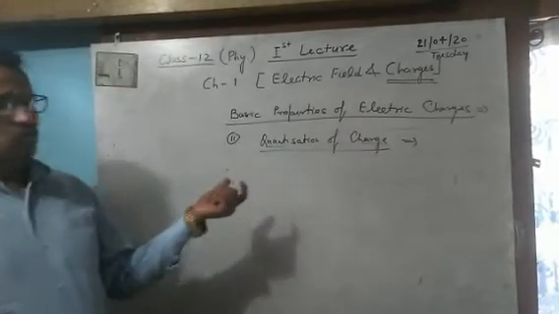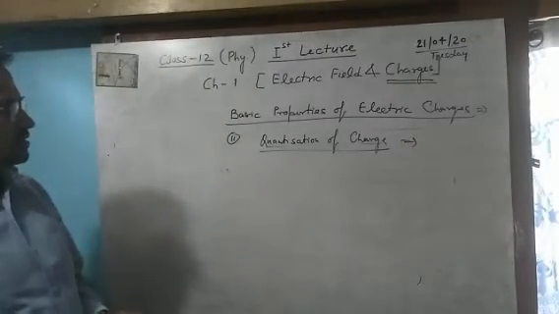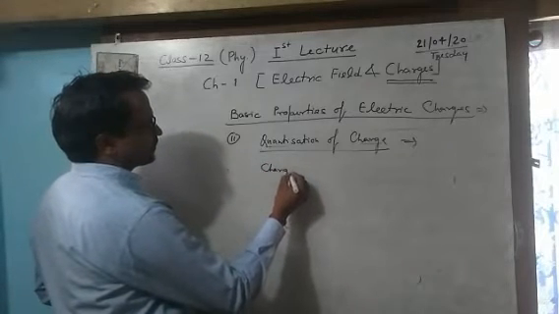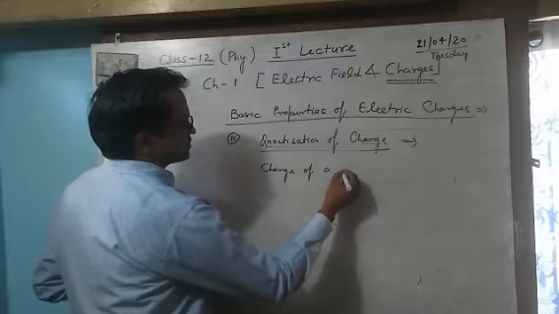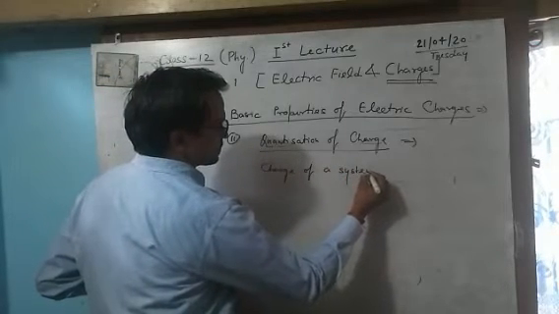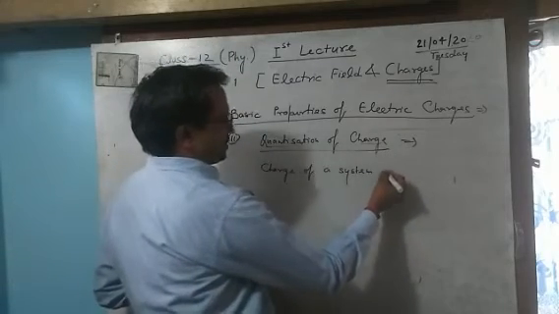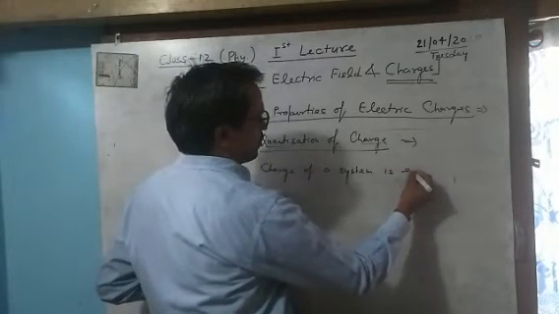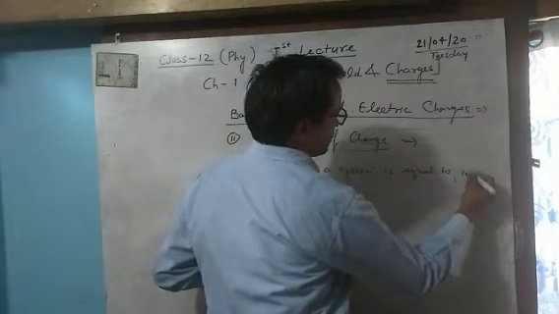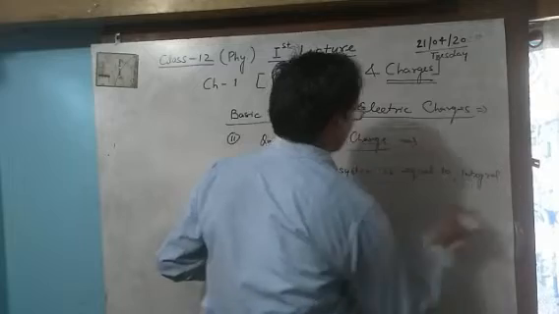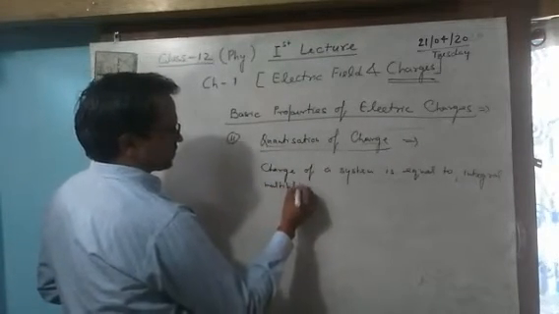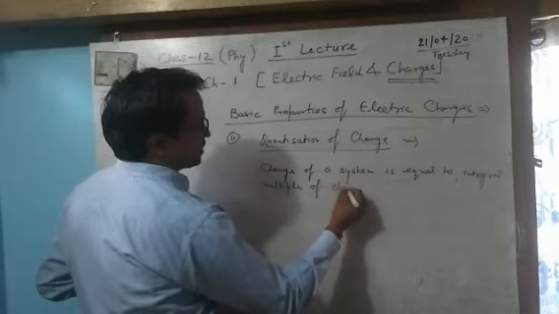According to quantization of charge, charge of a system is equal to integral multiple of charge of an electron.